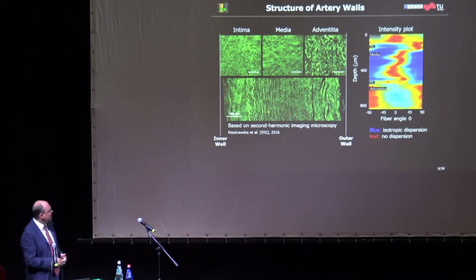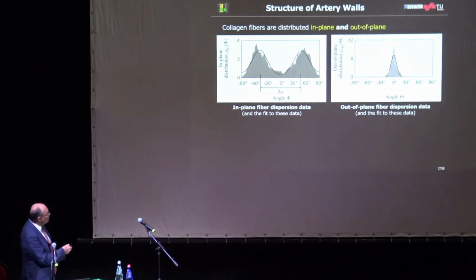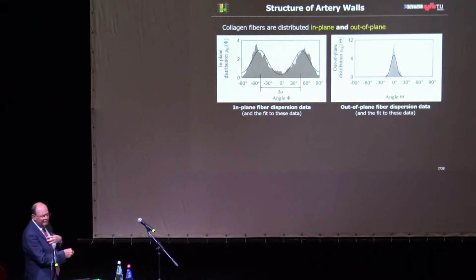Okay, this is a message here. So what we find is that in our blood vessels, this fiber structure is basically with these 2 families. This is the circumferential direction. So about plus minus 40 degrees, we have a mean fiber angle, and we have some dispersion, you see.